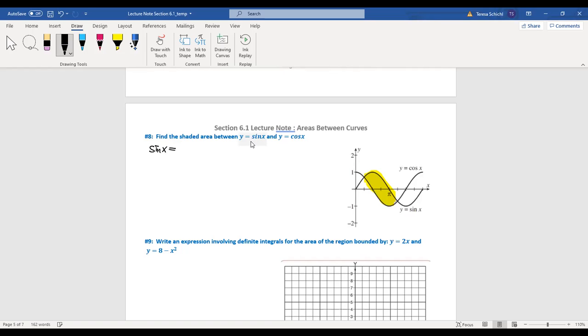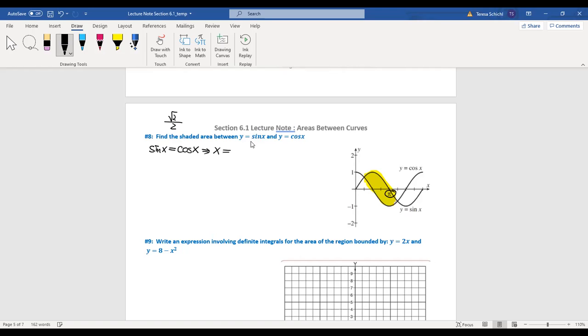We need to set the sine x equal to the cosine x. We know they are equal because both sine x and cosine x equal square root of 2 over 2 at 45 degrees, right?